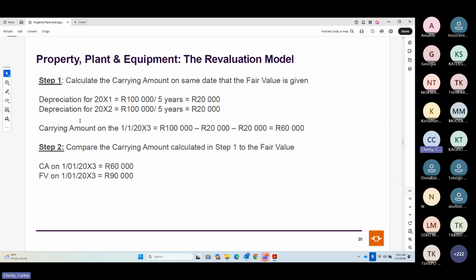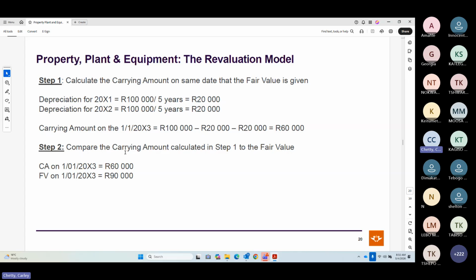So now we can determine the carrying amount on 1 Jan 20x3 by taking the cost of 100,000 minus the depreciation of 20,000 for 20x1 and the depreciation of 20,000 for 20x2. That leaves us with a carrying amount of 60,000 on 1 Jan 20x3.